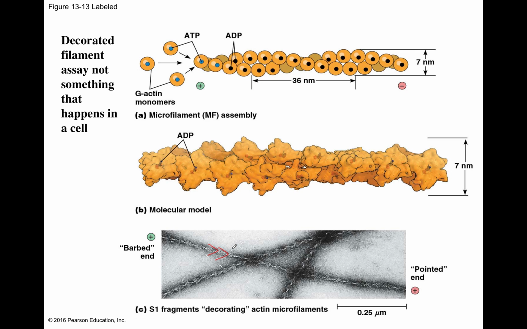And even though it doesn't look like this inside the cell, you can tell what the orientation of these actin filaments are, because the pointy end is the minus end. And there's a mistake on this slide that's provided by the book. This should be the minus end. The barbed end, the wide end of the arrowhead, is positive, but the pointed end is negative.